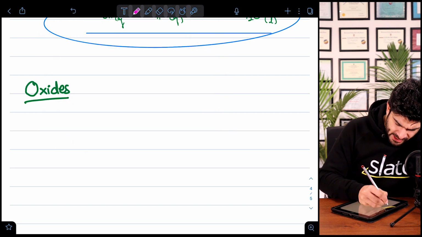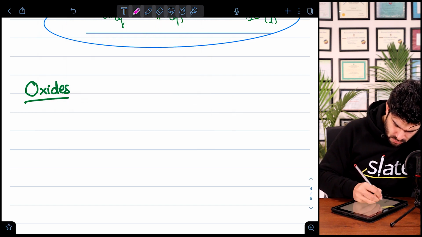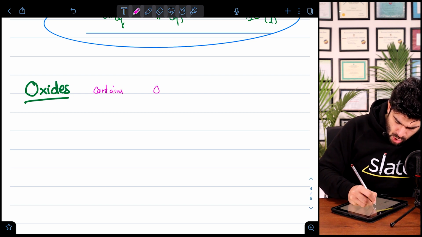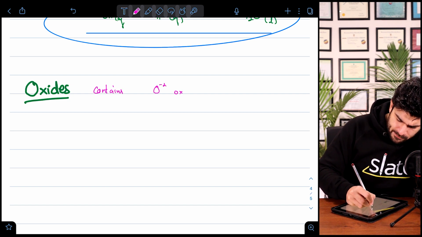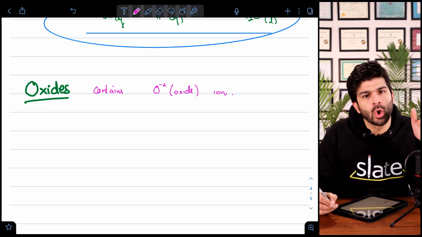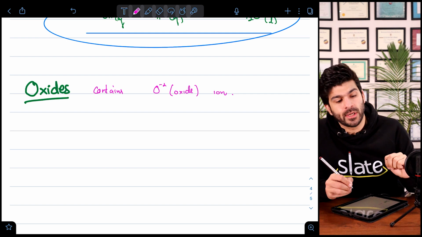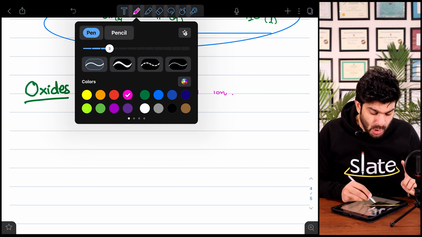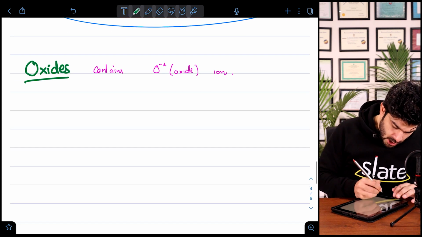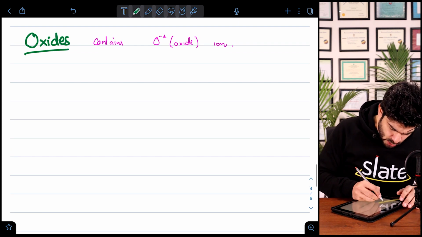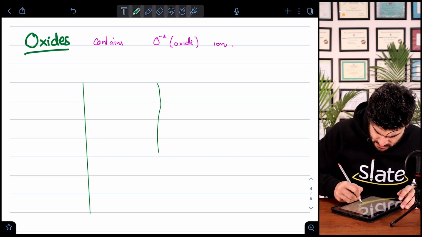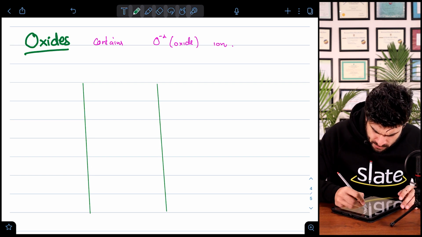Oxides are anything which contains oxide ion, O-2. It's in any salt, but there are 4 important types, and their periodic table will play an important part. We will do a past level question here as well. So at first, as I told you, we have 4 different oxides. So let's make 4 columns.